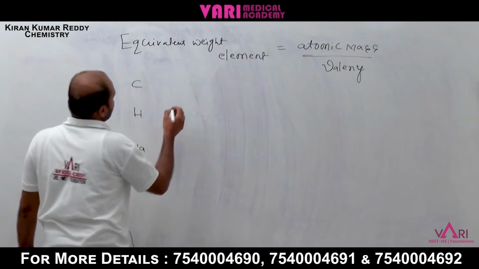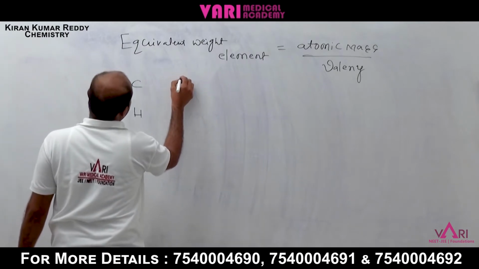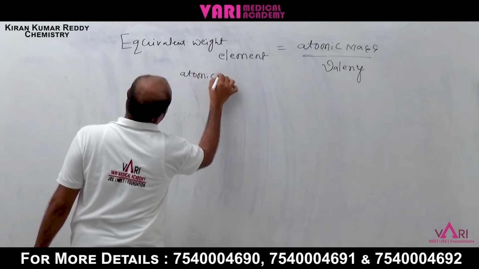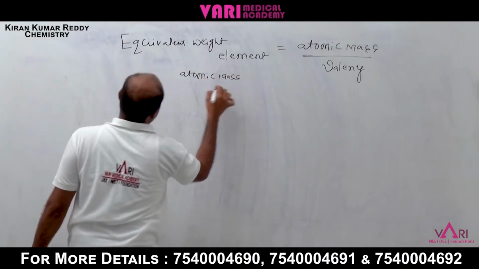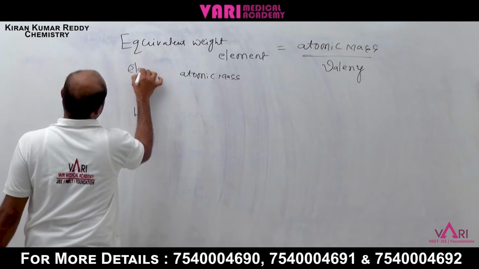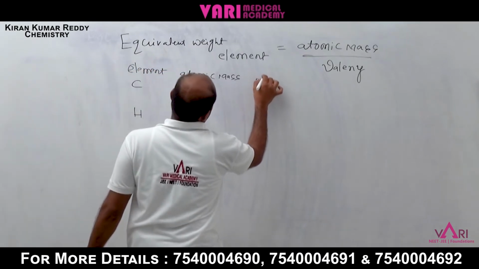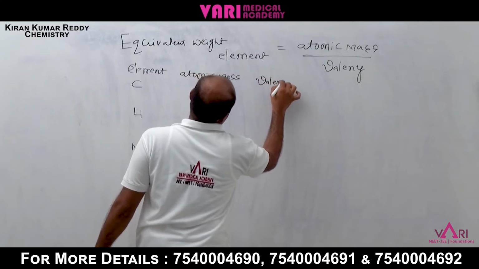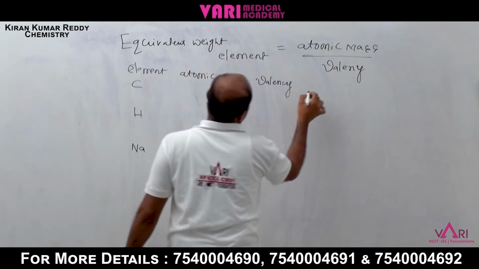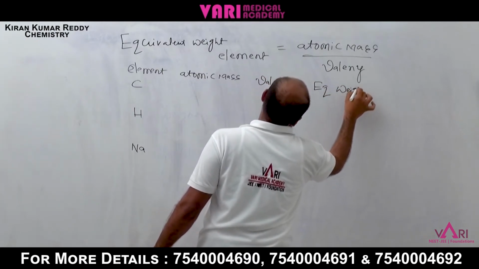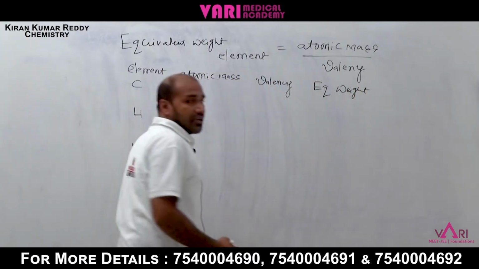We can take the valency and atomic mass. What is the atomic mass? Atomic mass, the element, the valency, and the equivalent weight of the element.